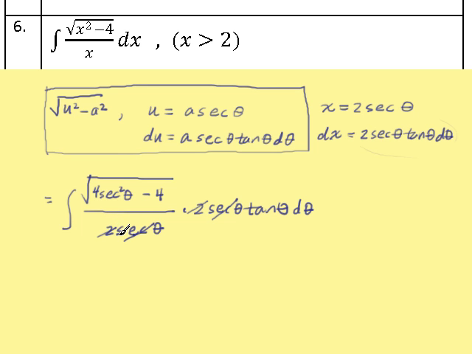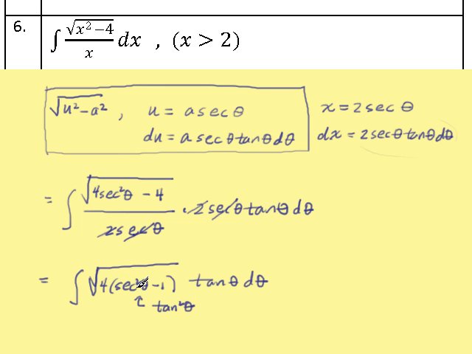Okay, now let's go underneath that square root, and we're going to factor out the 4. And there we have secant squared theta minus 1. And here we have tangent theta. All right, secant squared theta minus 1, that's equal to tan squared theta.